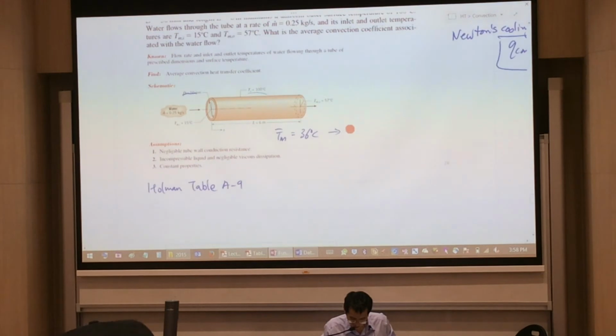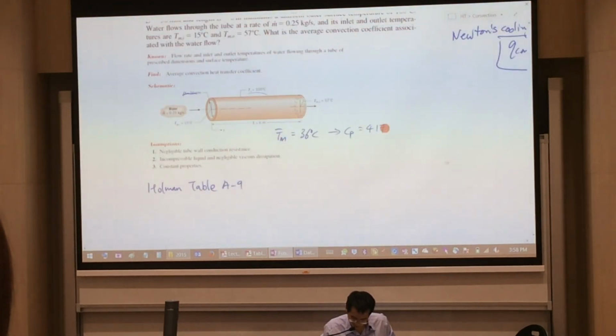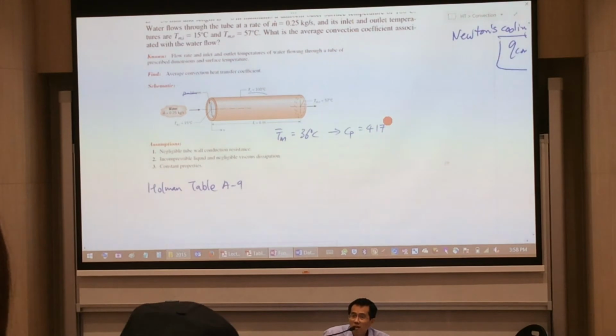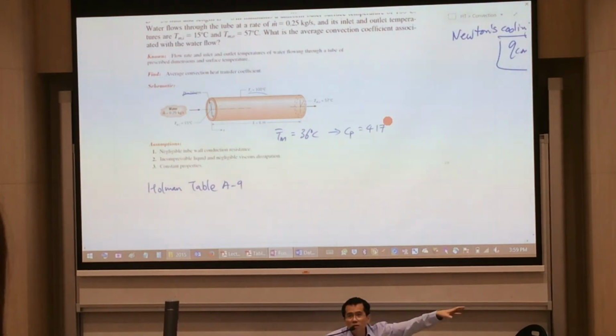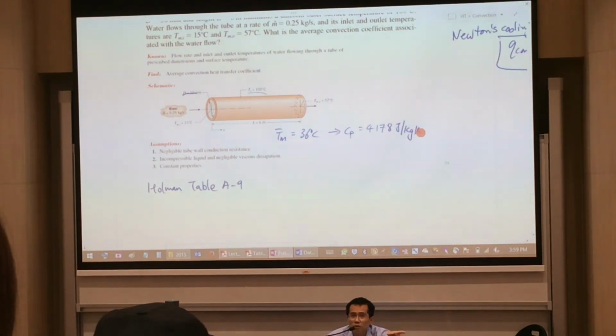And correspondingly, the Cp will be 4174. But in Glasgow's notes, they actually refer to another textbook's table, and that other textbook table gives 4178 joules per kilogram Kelvin. So you could refer to the Holman textbook, no problem.